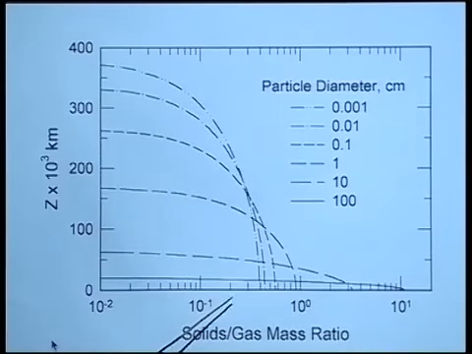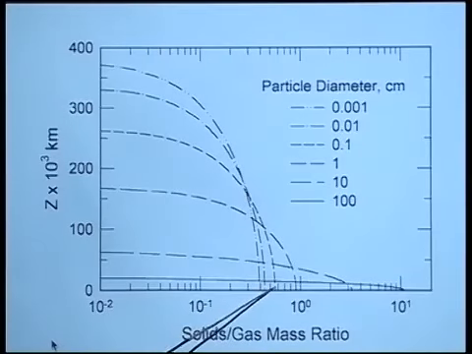And it doesn't depend very much on the size of the particles. Once you get to centimeter size or below, the smaller particles settle more gently, but they also don't stir the turbulence up as much. And so they sort of more or less come to a balance here. So these curves all come more or less together.